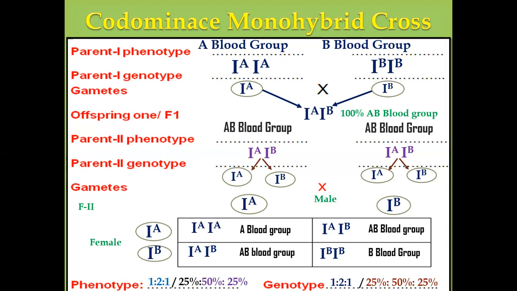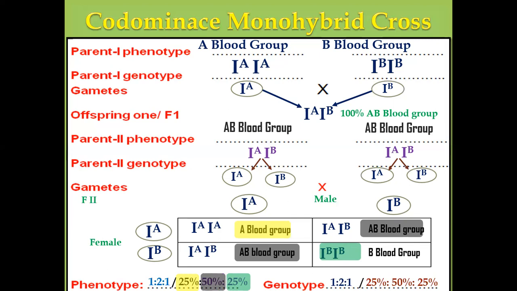So how did we calculate the phenotypic ratio? The A blood group is 25% overall, while 50% is heterozygous AB blood group, and 25% is B blood group. So the simple whole number ratio will be 1:2:1.